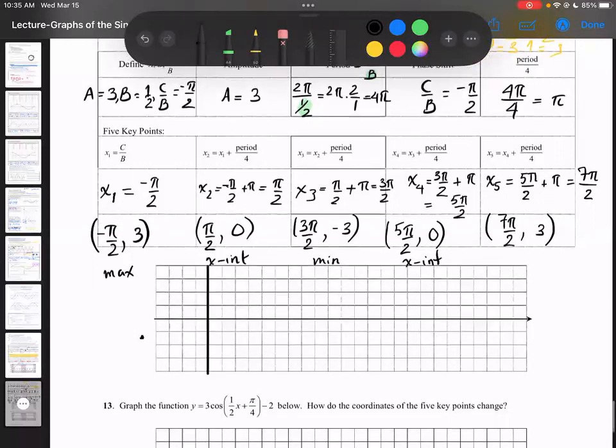Let's graph this. Let me do these points in red. Let me put the tick marks. So negative pi over 2 is here.